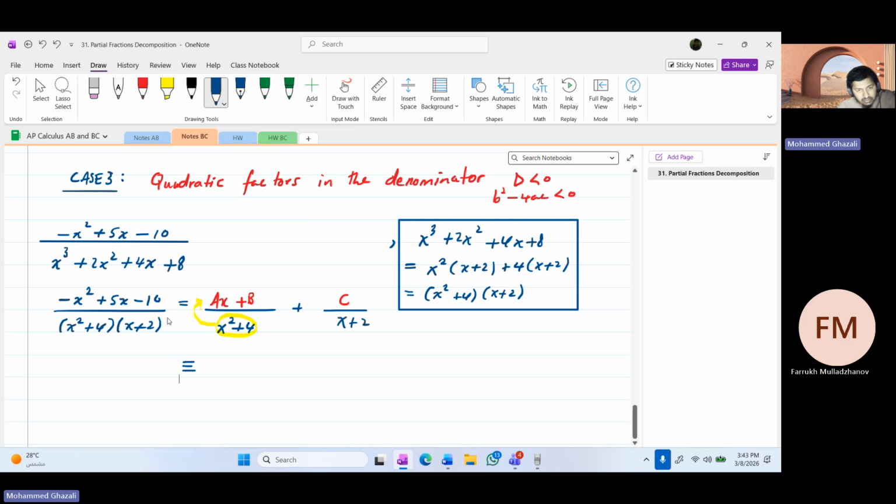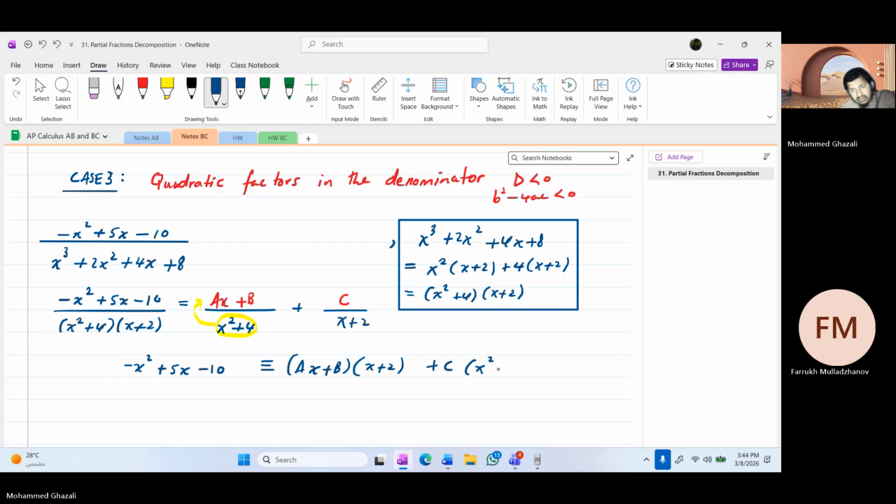The identity is equal to, and then we solve for a, b, c, okay? Which is minus x squared plus 5x minus 10. And that's ax plus b into x plus 2 plus c into x squared plus 4. All right. So that's basically dropping the denominator and making it into an equation.